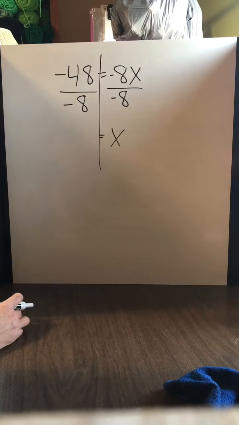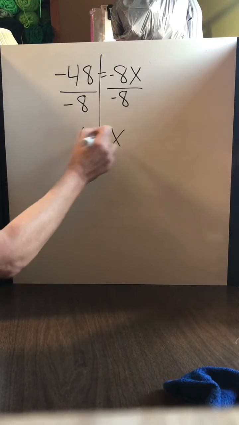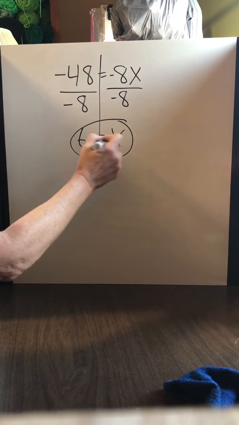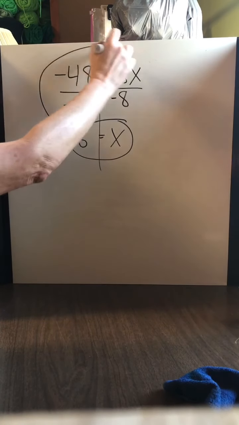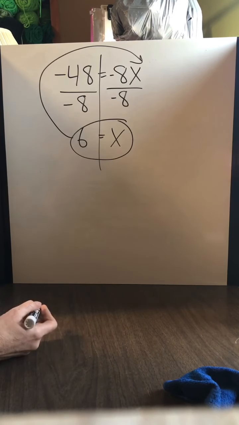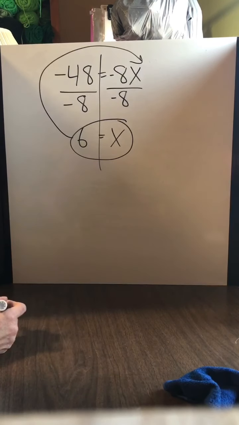And negative 48 divided by negative 8 is going to give me a positive 6. So x equals 6, and if I plugged that back into here, where the x is, it would become negative 8 times 6. And negative 8 times 6 is negative 48. You could test that with your calculator.